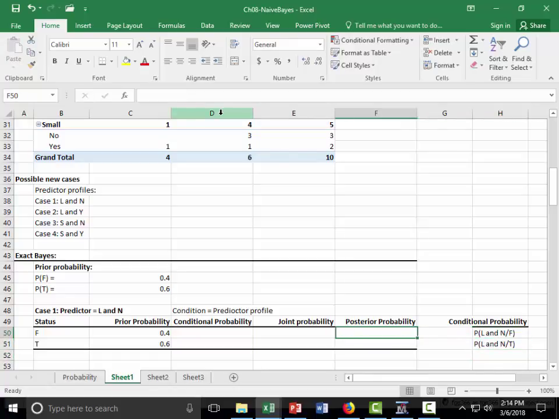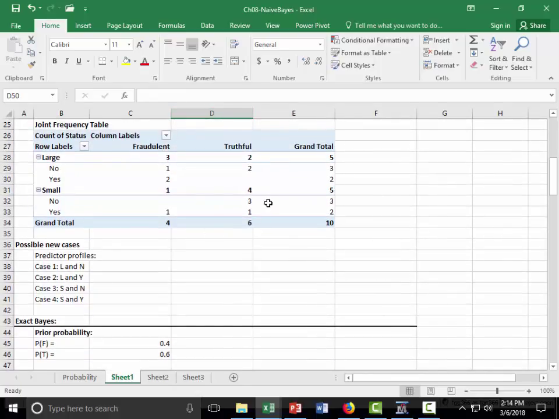These are the two probabilities we need.